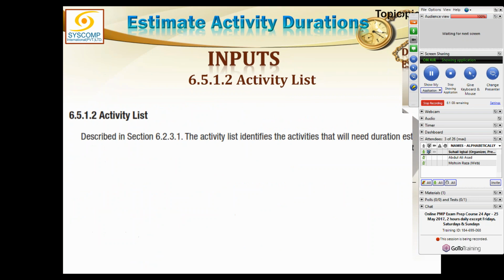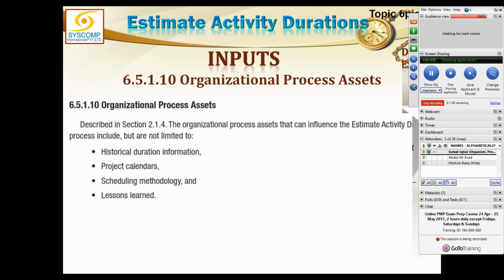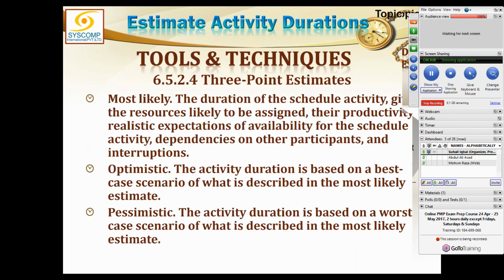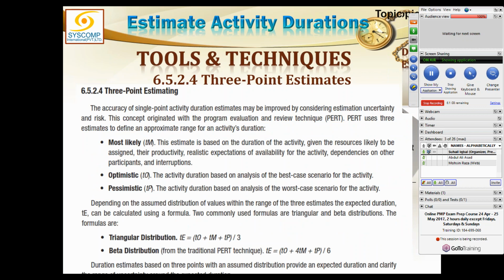So these are just the details of all the items I have just discussed, and the formula I just discussed, if you can see this slide. 6.5.2.4, 3-point estimate. You can read this carefully. This explains what I said.